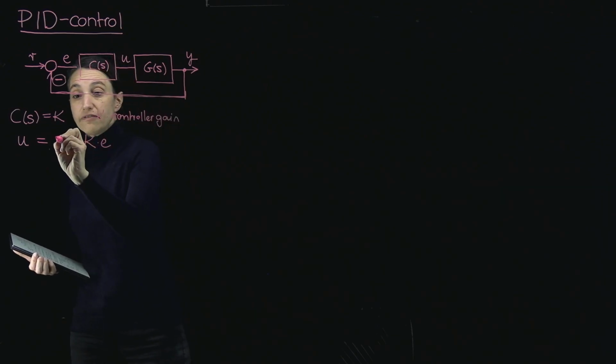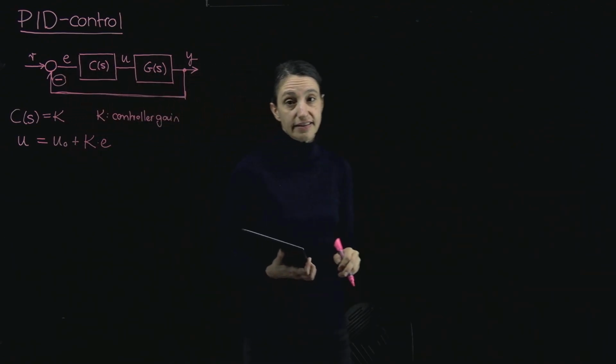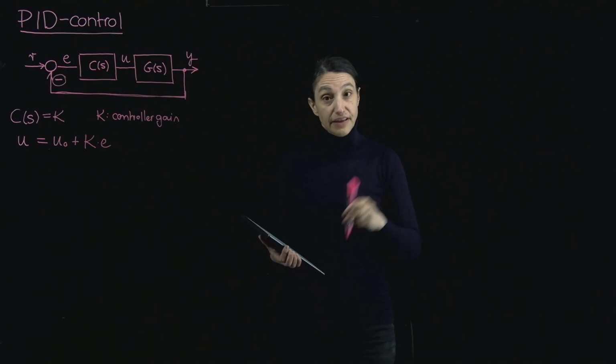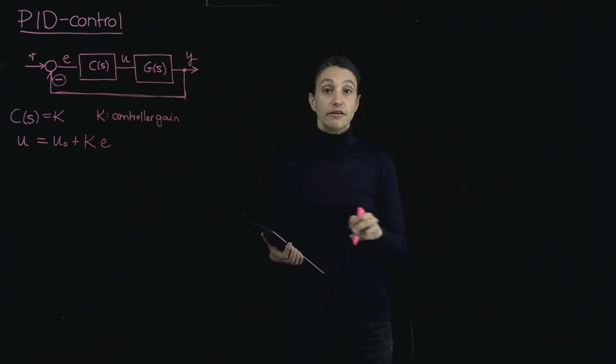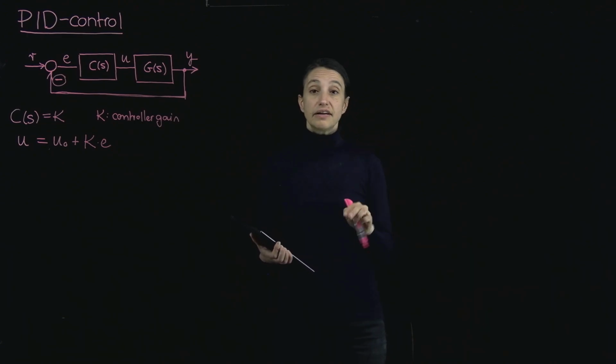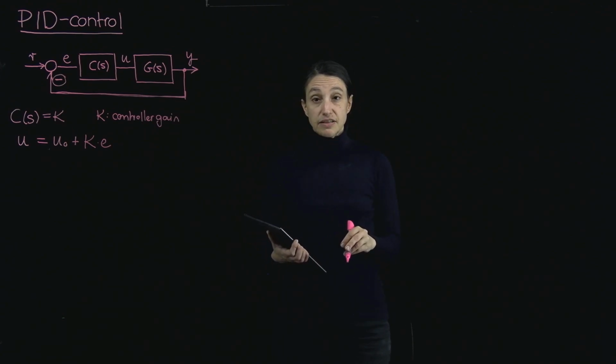Now, we have to modify this in the time domain slightly because we don't want the controller output to be 0 if E is equal to 0. So if there is no error, we would probably like our valve to be 50% open, maybe 70% open.